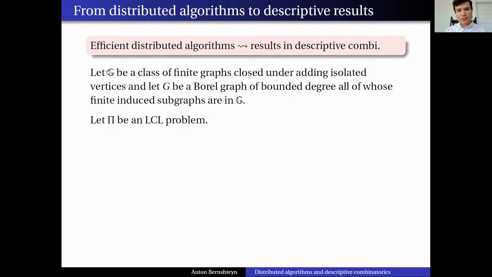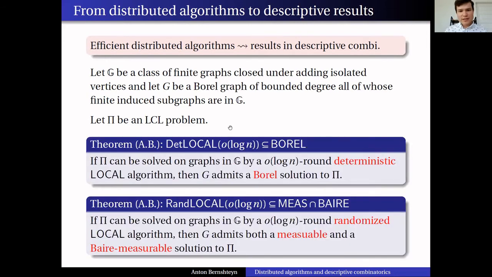So, for instance, if G is a class of acyclic graphs of maximum degree at most delta, then this just means that G is also an acyclic graph of maximum degree at most delta. Okay, and let pi be some LCL problem. So then it turns out that deterministic local algorithms imply Borel solutions, and randomized local algorithms imply measurable and Baire measurable solutions.